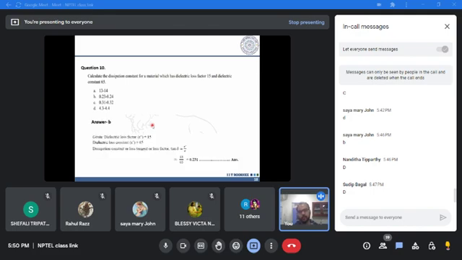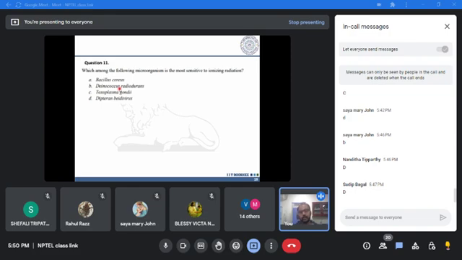The dissipation constant or loss tangent is the dielectric loss factor divided by the dielectric constant. You just need to know the formula and put in the values: dielectric loss factor is 15 and dielectric constant is 65. The calculation gives 0.2231. So your option will be B. You just need to know the formula.